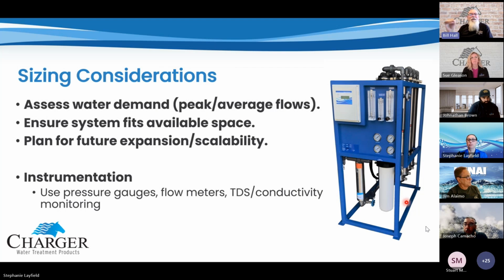You log all this stuff, you can come up with a trend, and you can see, is my quality going down, or am I maintaining everything the way I should? This is necessary for performance, to make sure that it's performing the way it should. It's also very necessary for any kind of warranty requirement.